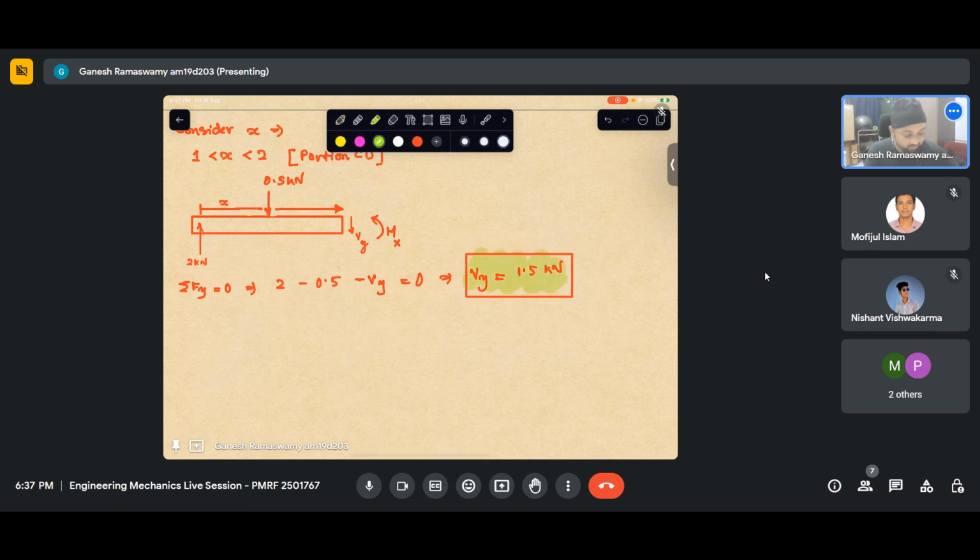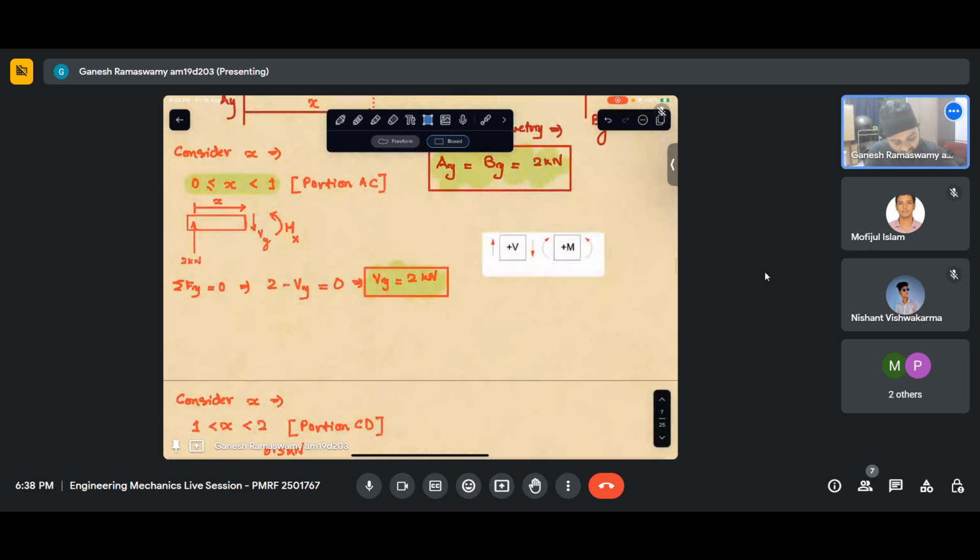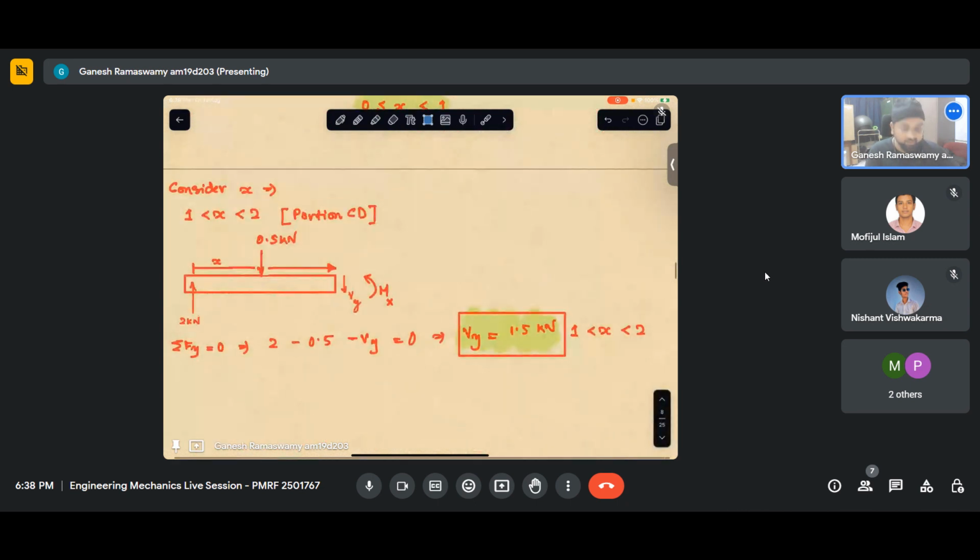And this is valid for this section. Vy is 1.5 kilonewton. And for this section it was 2 kilonewton. So you can see as I vary x, as I go from portion to portion, it is reducing. It was 2 initially, then it was 1.5.